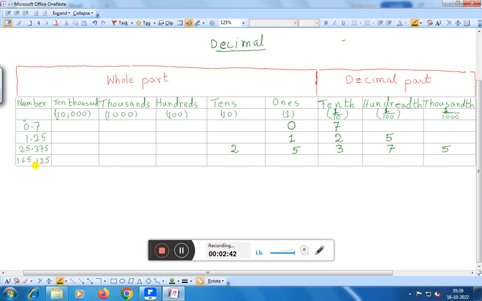In the same way, 165.125. You have to find the place value, right?